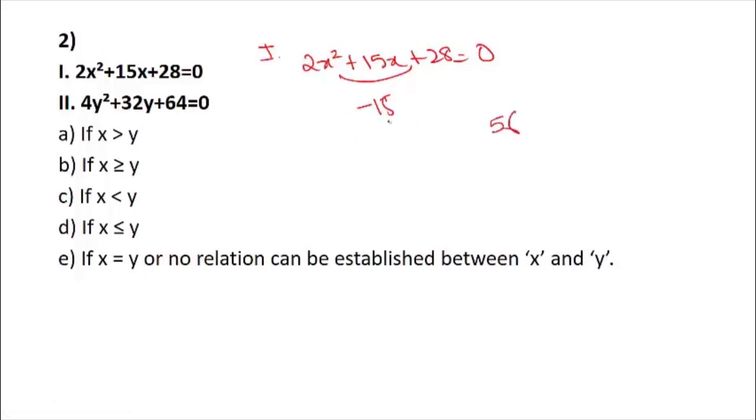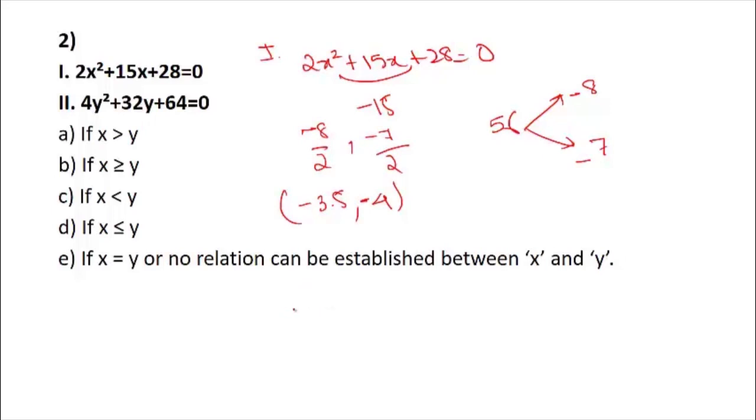Now we have to break it into 2 factors that will give 15. In the previous problem, we have 8 and 7, which gives 15. Now we want a negative sign, so we put negative in both of them. Take the first negative, divide it by 2. Take the second number, divide it by 2. This is minus 3.5 for the first one, and minus 4. Okay, so this is the value of x.